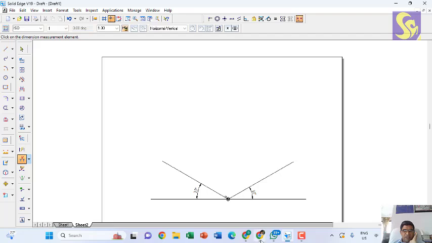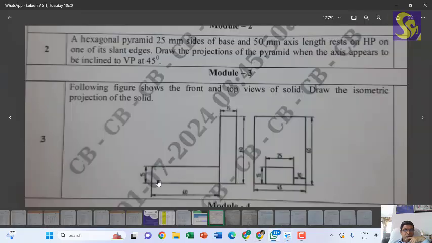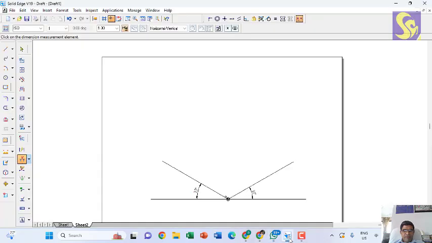So once I have drawn the reference line, now I am going to draw the first block, that is a block of length 60, height 15 and width 25. So the length will come here, the width will come here, and height of 15. So the length is 60.